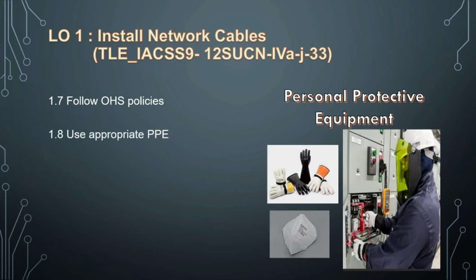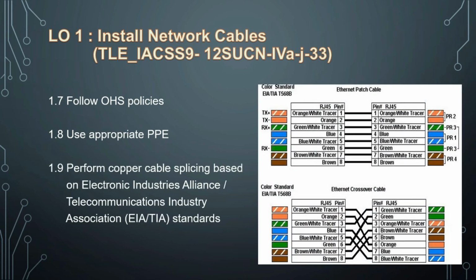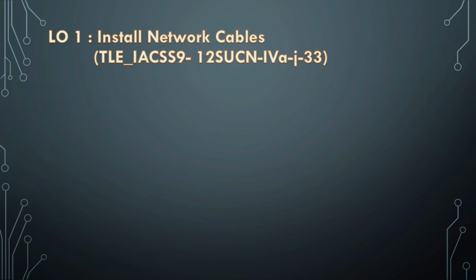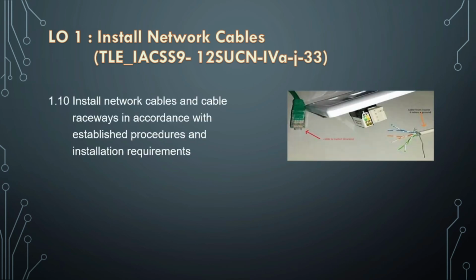Eighth, use appropriate personal protective equipment. Ninth, perform copper cable splicing based on Electronic Industries Alliance Telecommunication Industry Association standards. 10th, install network cables and cable raceways in accordance with established procedures and installation requirements.